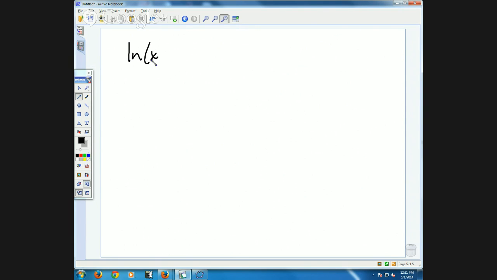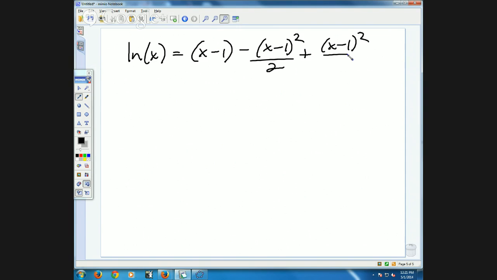Natural log of x we discovered was equal to the series x minus 1 minus x minus 1 squared over 2 plus x minus 1 cubed over 3 minus dot dot dot, which I could write as the sum, n goes from 1 to infinity, of negative 1 to the n plus 1 over n times x minus 1 to the n, would be this particular series.